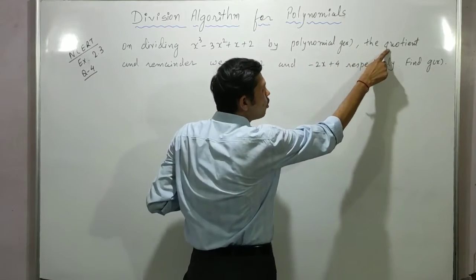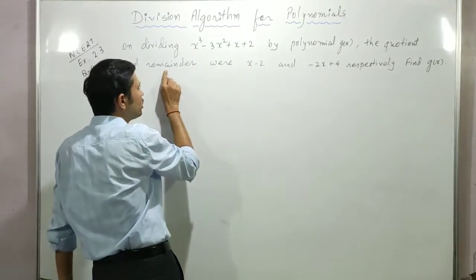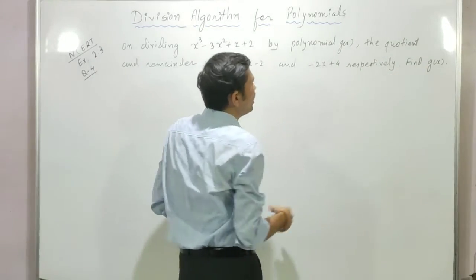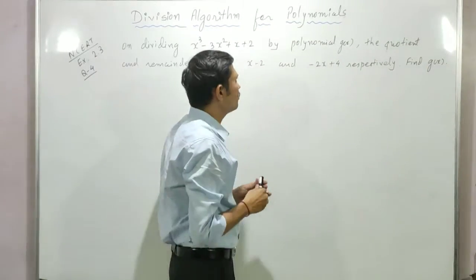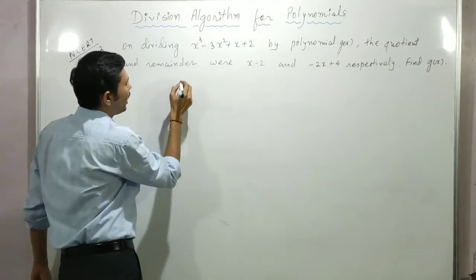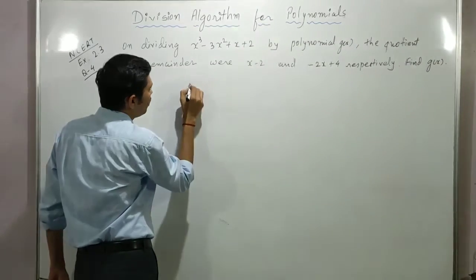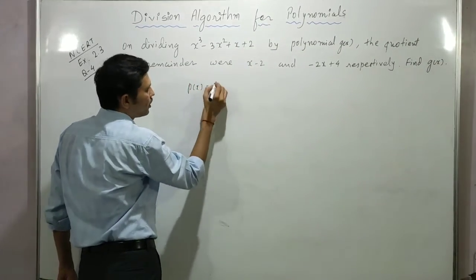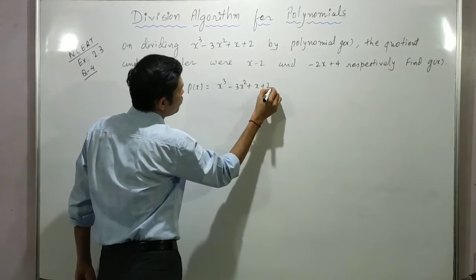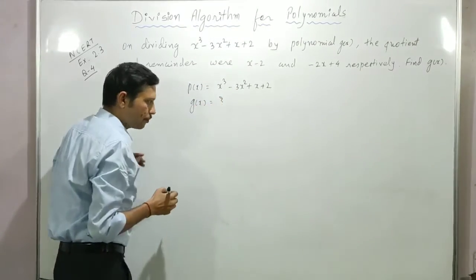That means the first word is quotient. So the first value, the quotient, is x minus 2, and after that the remainder. So the remainder is what? Minus 2x plus 4. So we have to find out g of x. Our polynomial x cube minus 3x square plus x plus 2 is the standard form p of x, that is given. g of x is the divisor, that's the question for us.